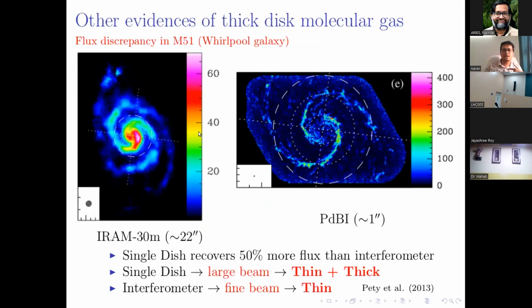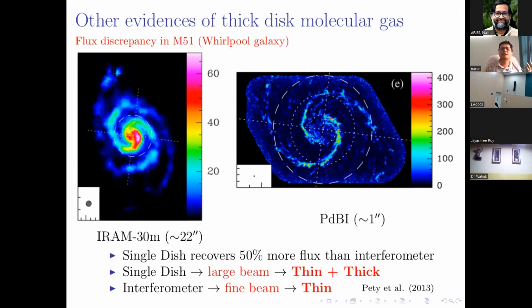Here in the left panel and the right panel I am showing the same galaxy, M51. The left panel is from the IRAM 30 meter single dish, where the beam size is 22 arcseconds, and the right-hand side is from the Plateau de Bure interferometer, which has a resolution of 1 arcsecond. The single dish is recovering much more flux.